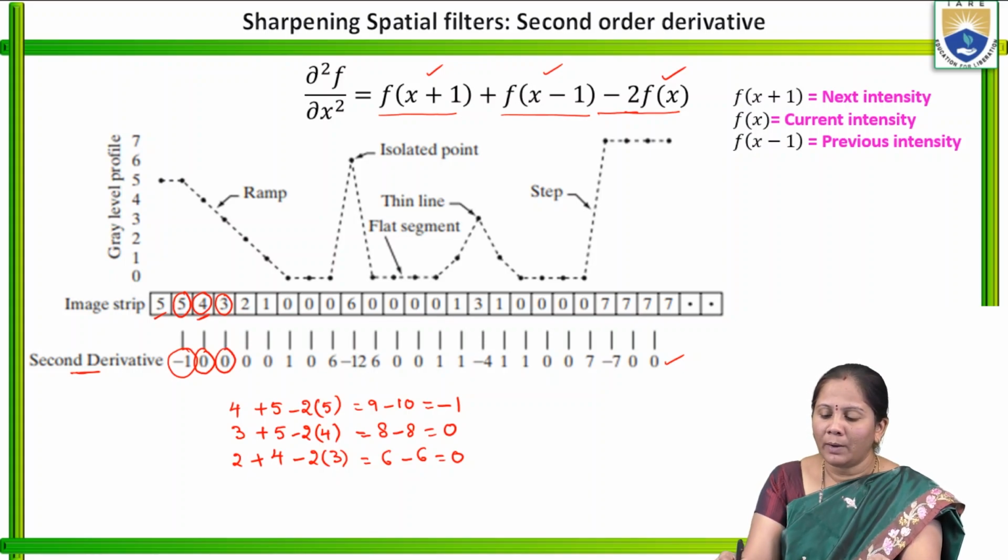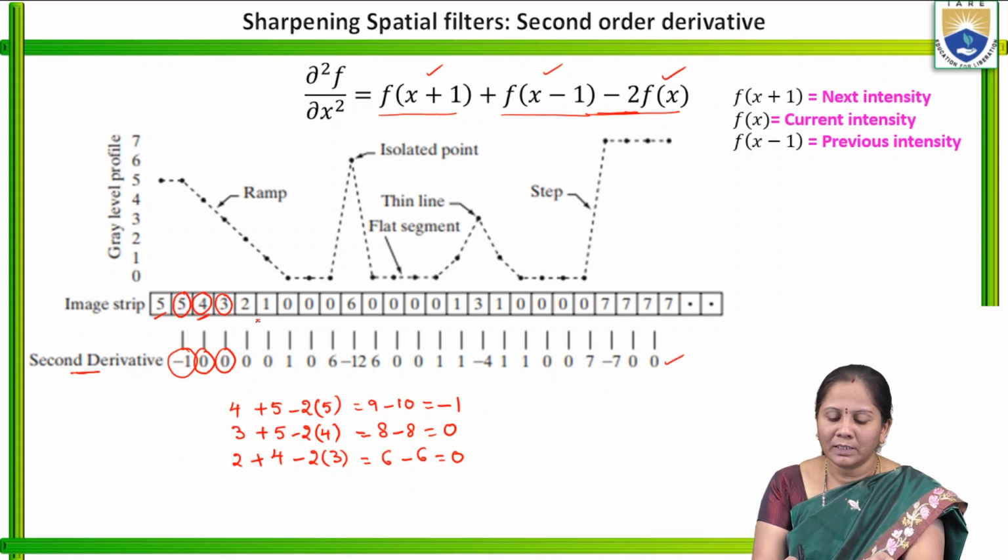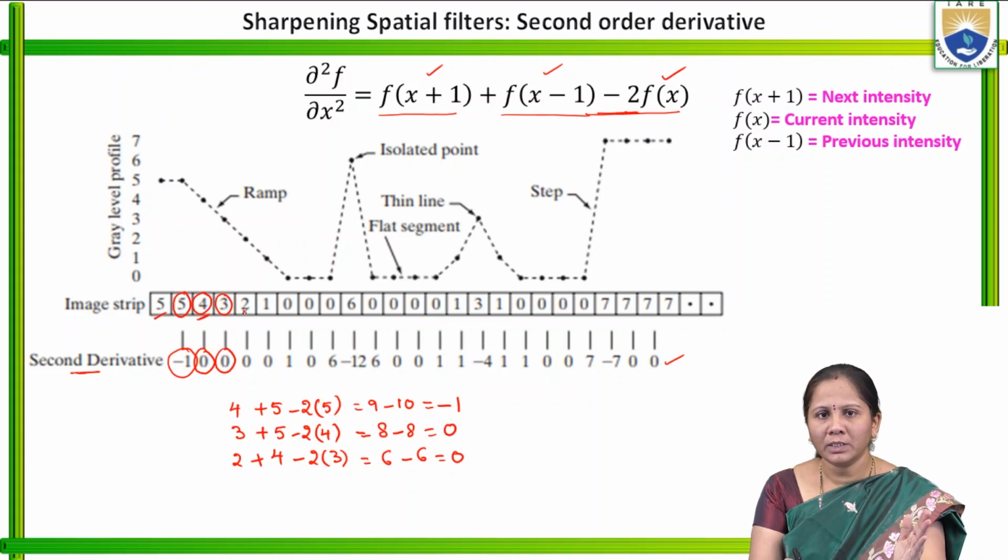Similarly, applying this second order derivative formula, consider which one is the current intensity. To that value, whatever value is present before is called the previous intensity. For the current value, the value which is present after that is called the next intensity.